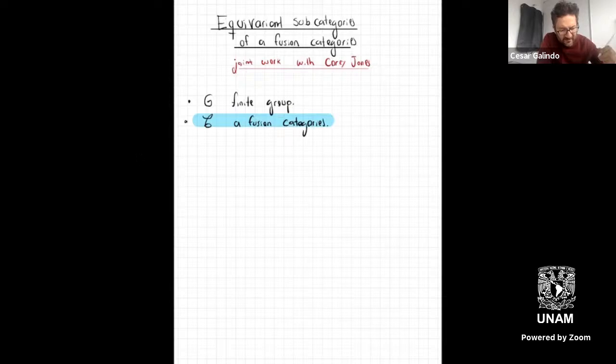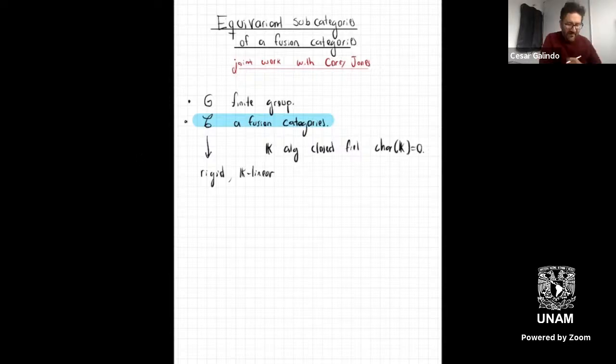So what a fusion category is: the first is that this is a rigid K-linear abelian monoidal category. K in general, even if it is not absolutely necessary, just to be safe, I will assume is an algebraically closed field of characteristic 0. Thinking complex numbers is good enough. Monoidal, there are many adjectives.